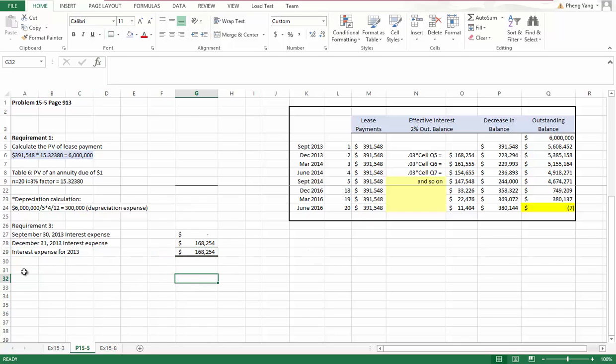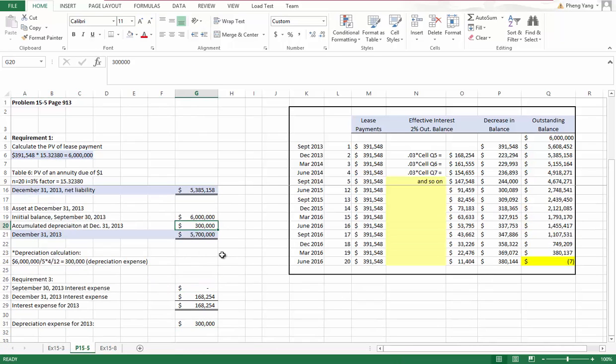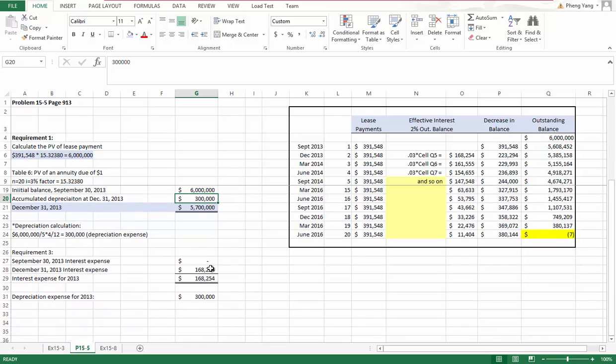I also have to record depreciation expense, and my total depreciation was 300,000, from where we calculated it here, for December 31st, 2013.